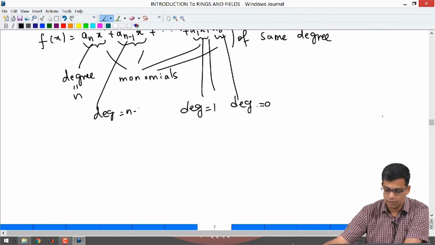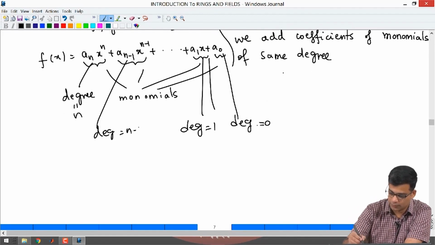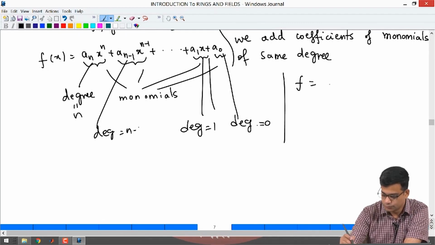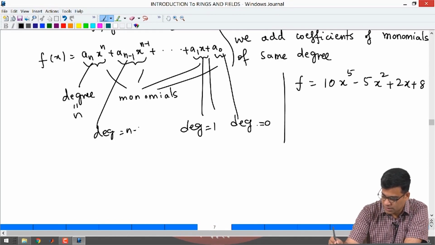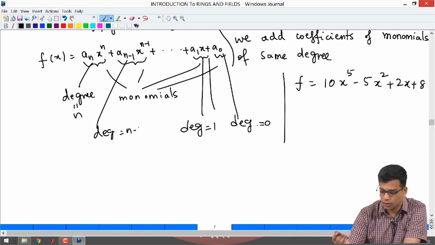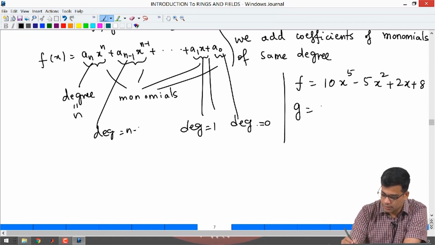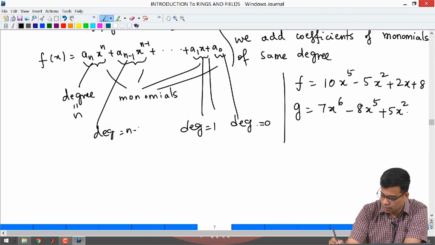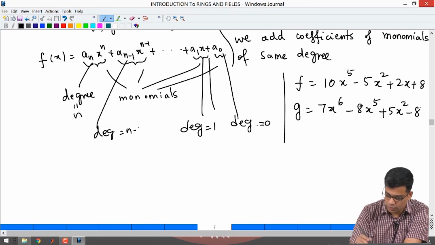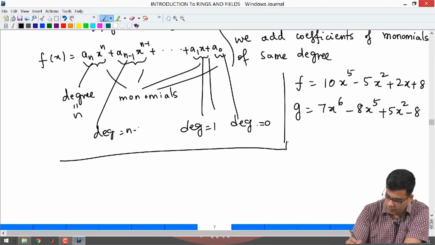It is actually very easy to understand this, so I will just give you an example. Let us say f is 10x^5 minus 5x^2 plus 2x plus 8. You can think of this as a polynomial with integer coefficients, and let us say g is 7x^6 minus 8x^5 plus 5x^2 minus 8. So what would be f plus g?